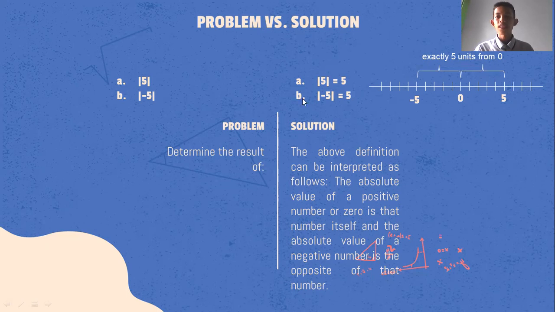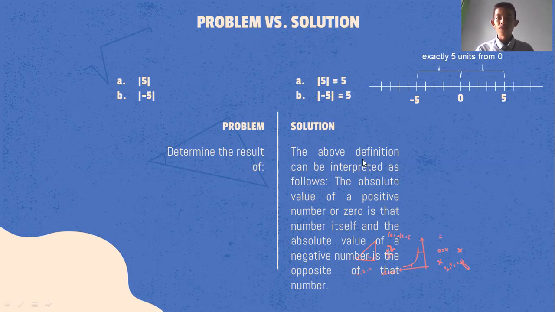And for B, |-5| = 5 because -5 is exactly 5 units from 0.